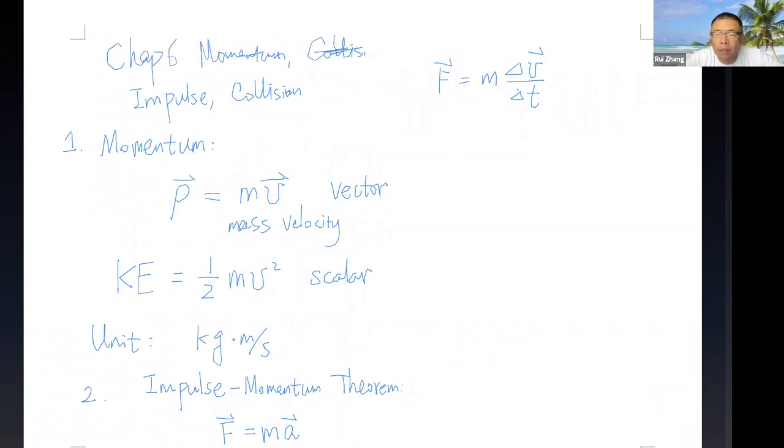Now let's multiply delta t on both sides of this equation. Then we have F delta t equals m delta v. We define something called impulse, I, equal to F delta t. This is our impulse.